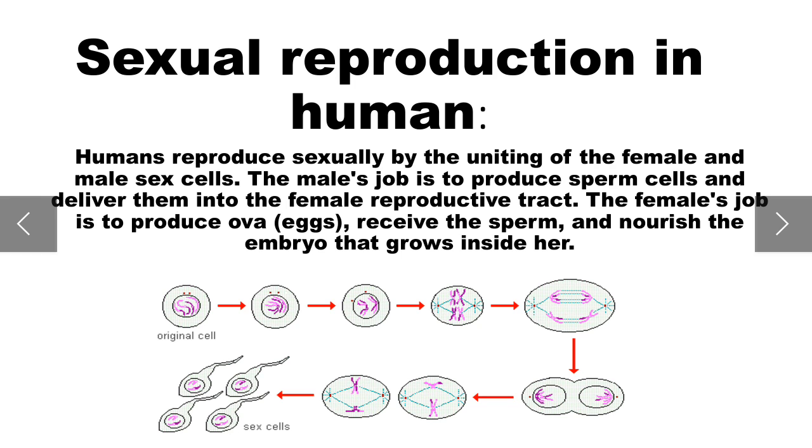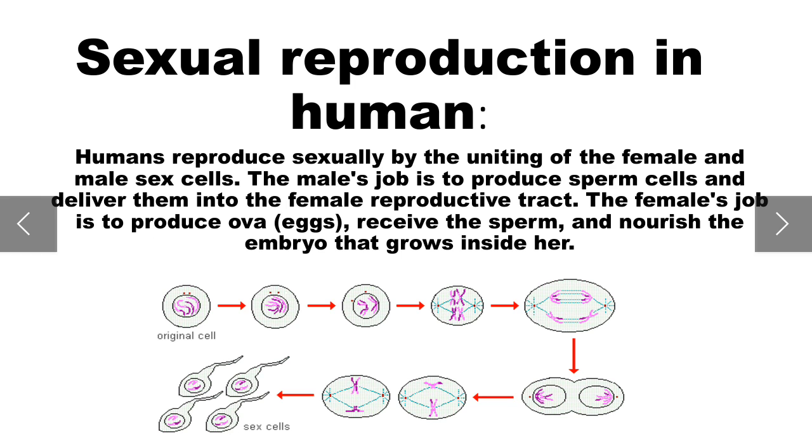Sexual reproduction in humans. Humans also reproduce sexually when male and female come close together and form a new young one.